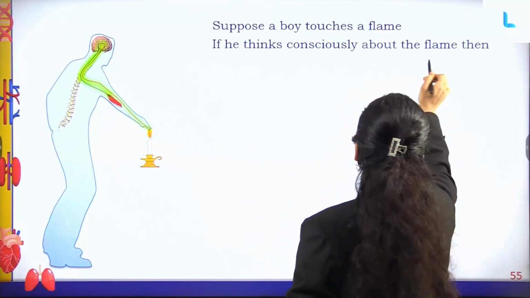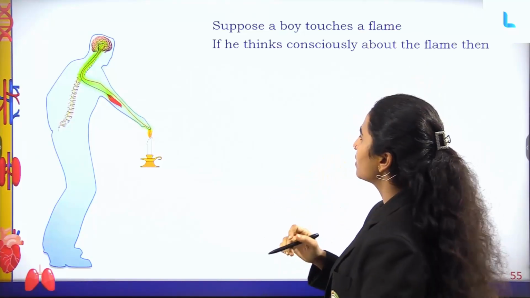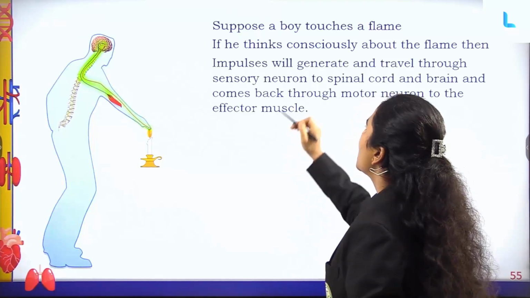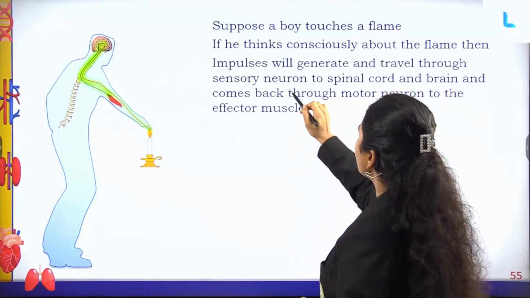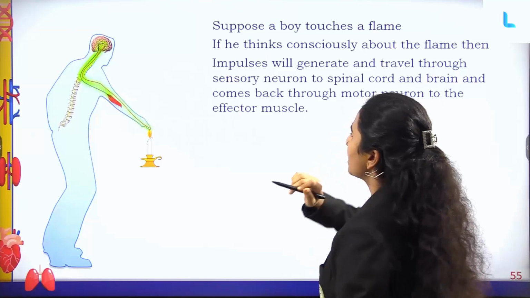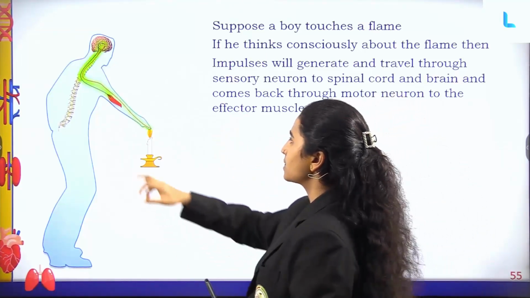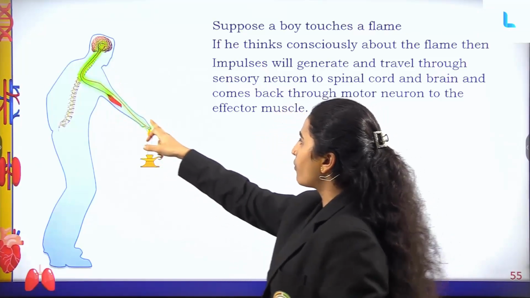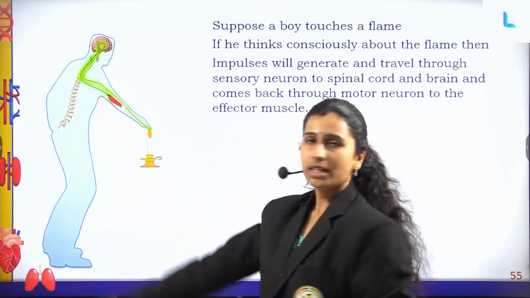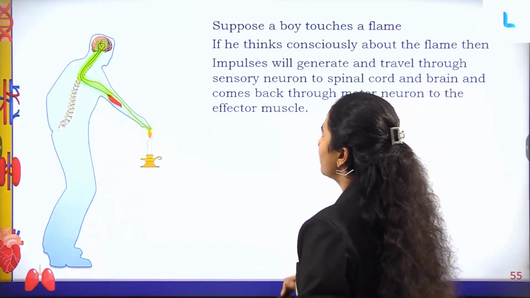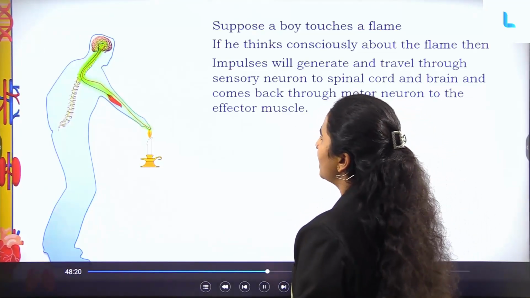So if he thinks consciously about the flame, what will happen? Impulses will generate and travel through sensory neurons to the spinal cord and brain, and they will come back through the motor neuron to the effector muscle. So they will move along the afferent neuron and come back to the effector neuron or the effector muscle, and that boy will take off his hand.